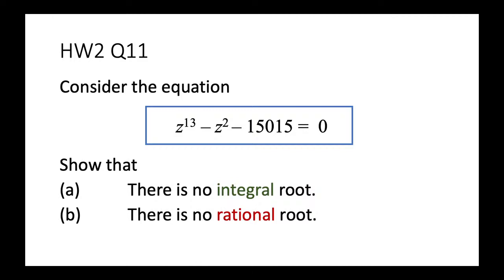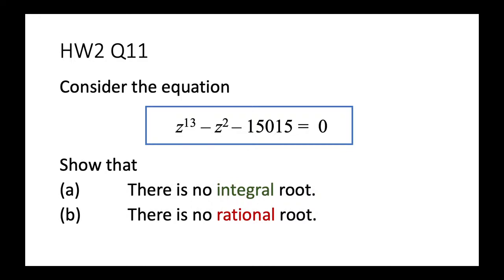We want to show that for this particular equation, there is no integral root, which means that there is no integer z such that after plugging z into the equation, it becomes correct. This is part A. And similarly, in part B, we want to show something more. We want to show that there is no rational root. So any rational number cannot fit as z in the above equation.